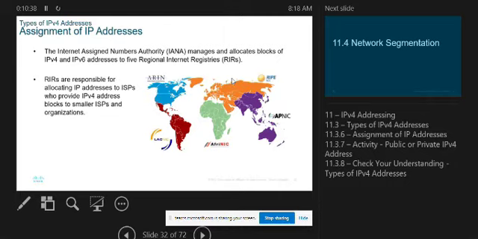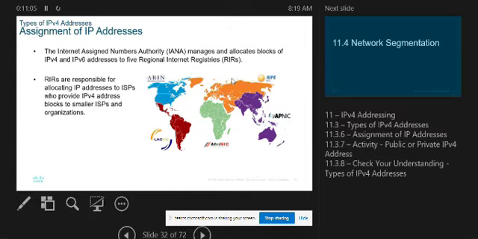All right, so the assignment of the IP addresses, Internet Assigned Numbers Authority, IANA, manages and allocates blocks of IPv4 and IPv6 addresses to 5 regional internet registries. An address has a unique number that's assigned by an association, all right?